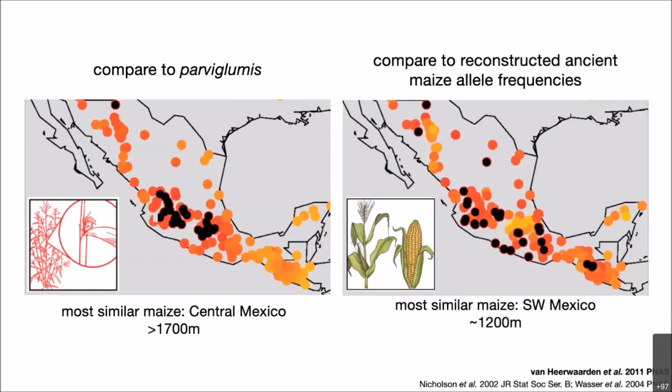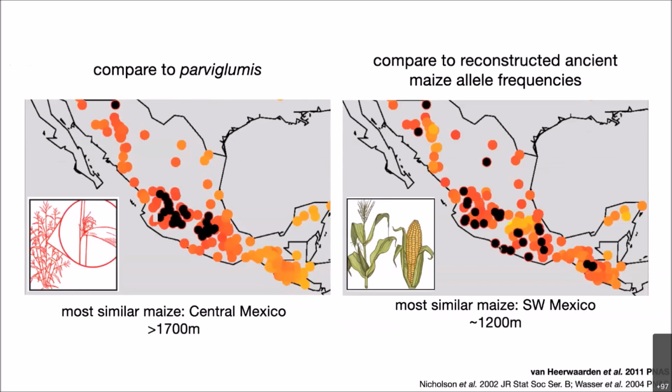And when we compare places across the map to this reconstructed ancestral maize frequencies, we find a different picture where regions in the highlands of central Mexico actually look much more different from the reconstructed ancestral frequencies, and regions in the southwest lowlands, the black dots here along the coast, right within the geographic distribution of Parviglumis and near archaeological sites, are now the sampling locations that look most like these reconstructed ancestral frequencies.